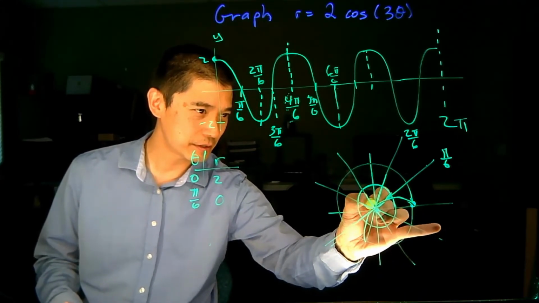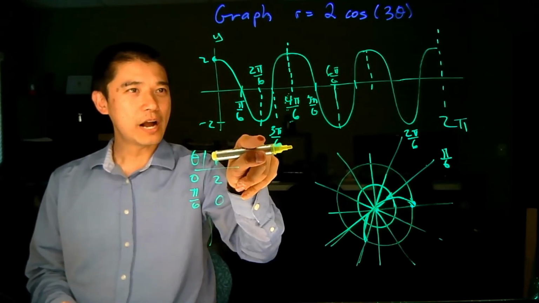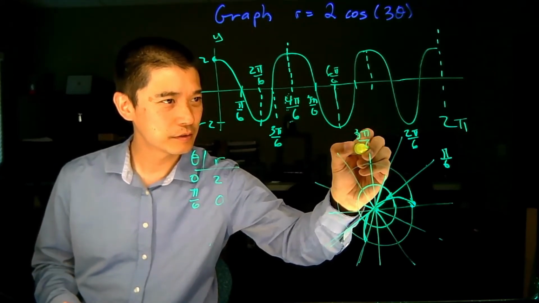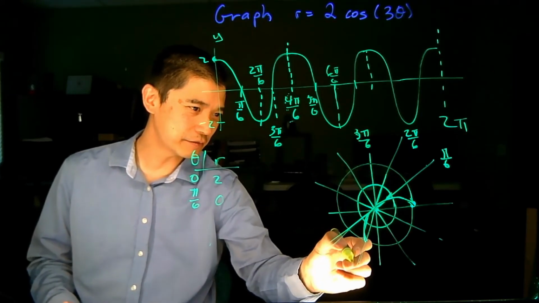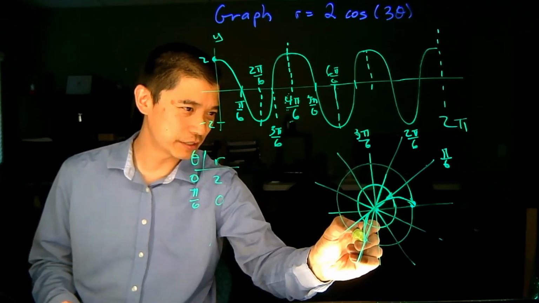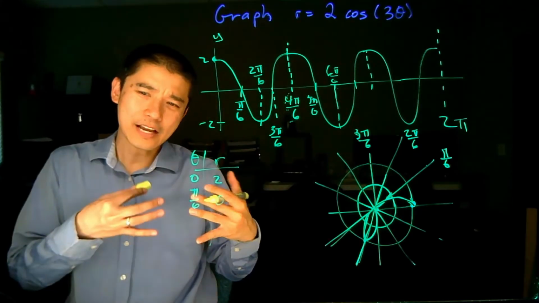Get this shape here to that shape there. From 2 pi over 6 to 3 pi over 6, we're still negative, so the negative 2 pi over 6 is down here. 3 pi over 6 is straight up, so we're going to be moving in towards 0 as we get closer to straight up.